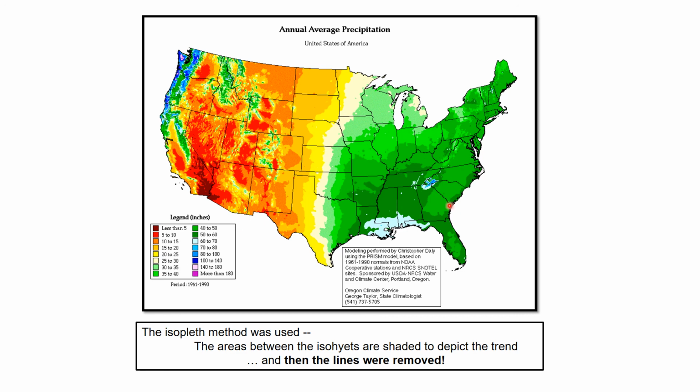So what they did was they color-coded in between the isolines, or in this case isohyets, since it's precipitation. They colored in there to make it easier to see the distribution and the gradient. And then they removed the lines, because otherwise you'd have a lot of black lines all over the place, and that would probably confuse the reader. Once again, with cartography, you usually don't notice these things unless there's some type of mistake in there.